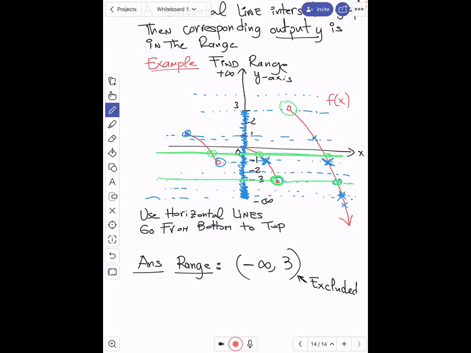Yes, a quick question, please, just to clarify. If you had those two lines, but they didn't intersect, would you then include them in the range? You're saying if you don't have intersection here and here, and you have just one intersection right here.